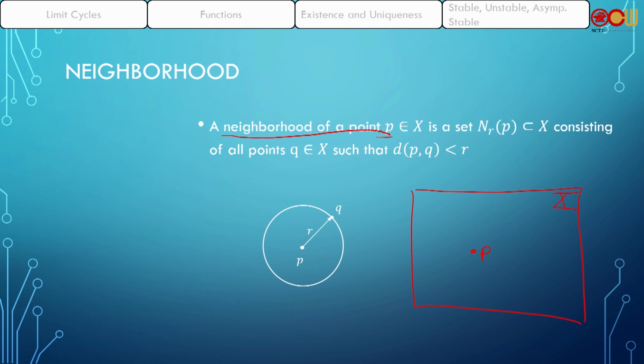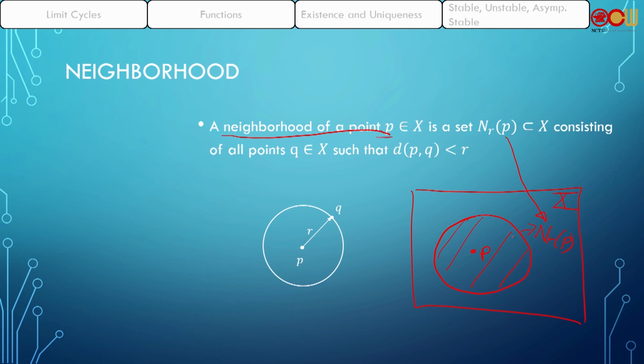A neighborhood of a point P is a set of points around P. We call it a neighborhood. This is the neighborhood of P with radius R. So this is a neighborhood set of P.